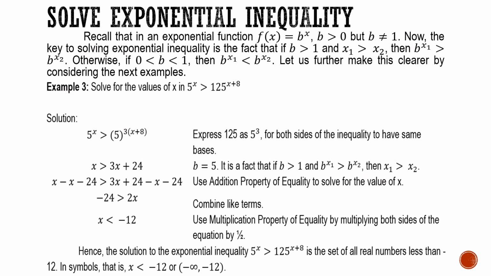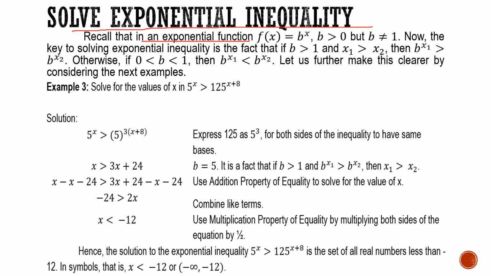So let's now deal with how we solve exponential inequality. Recall that in exponential functions, it's the same concept with your exponential equations. The only difference is the symbol that exists between the left side and right side of the equation.